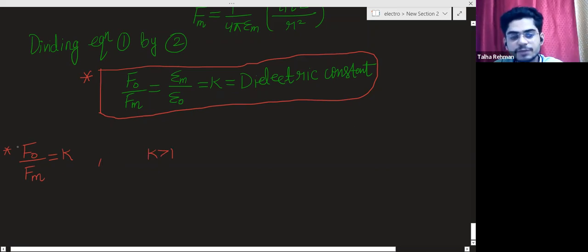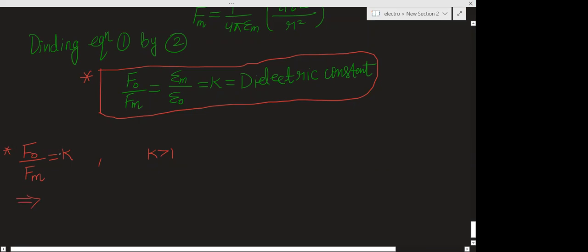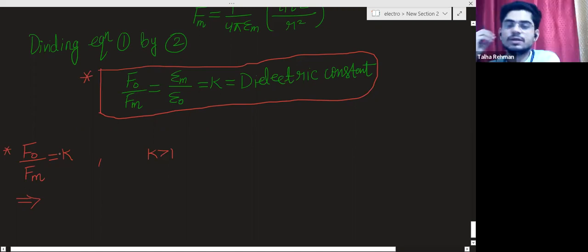So can you tell me which one is greater, F naught or Fm, if K is greater than 1?